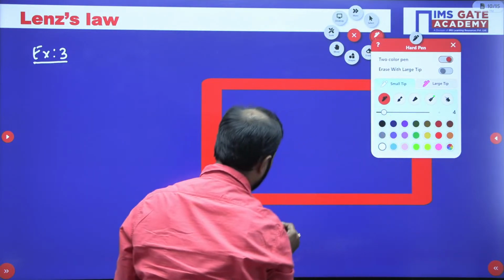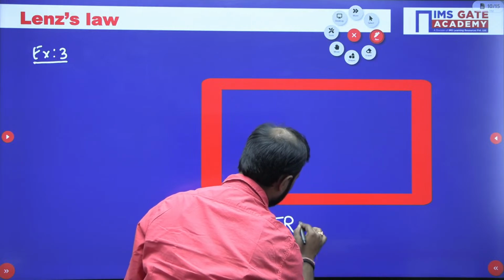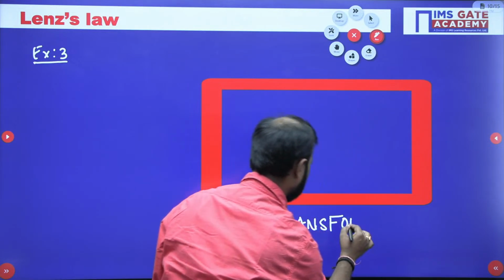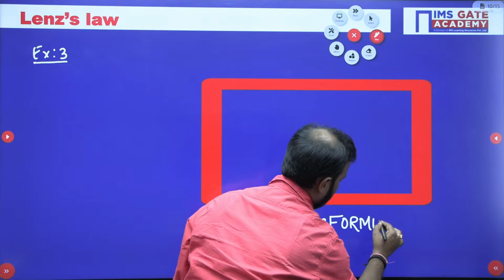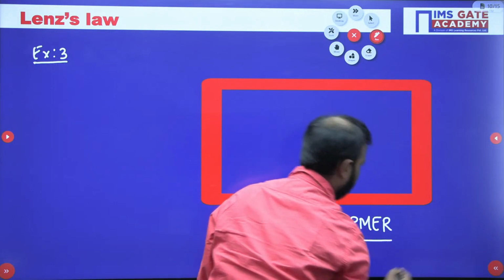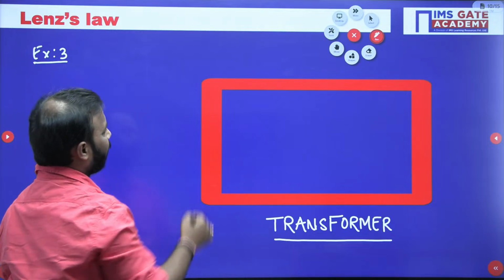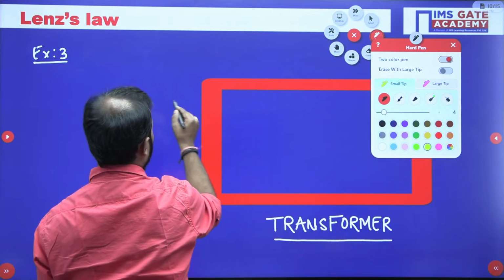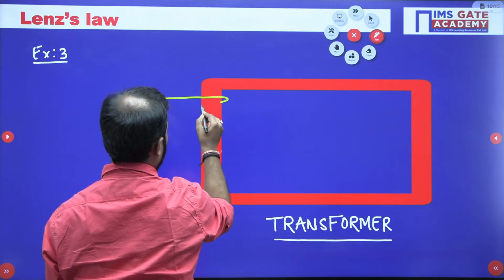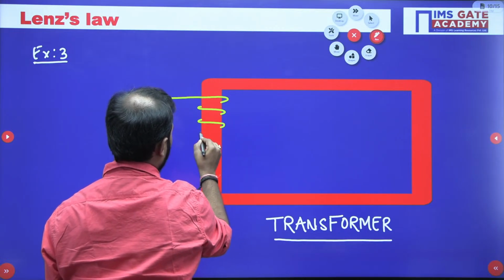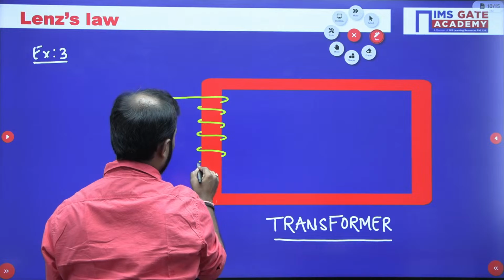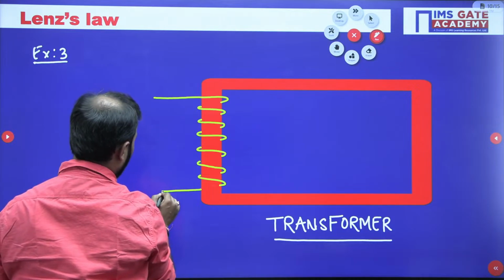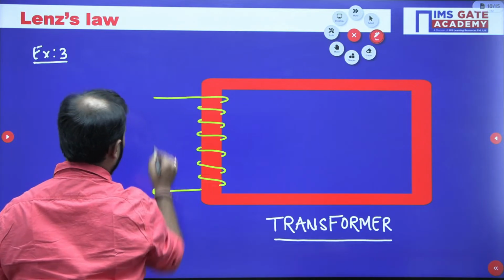So suppose this is your transformer. We know that a transformer will have both primary and secondary winding. So let me make the winding here. This is your primary winding where the source is going to be connected. A primary winding is a winding where the source is connected.